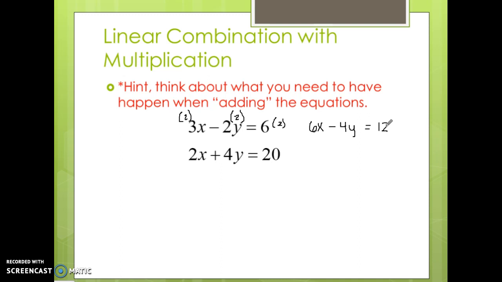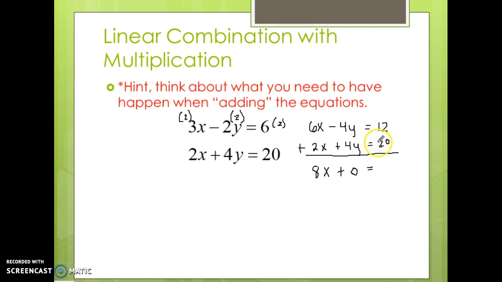If I were to graph this, it would still graph the exact same line, but now we can use linear combination to solve. So if I were to add these two equations together, set up one big addition problem and add vertically: 6x plus 2x is 8x. A minus 4y plus 4y cancels out to be 0.